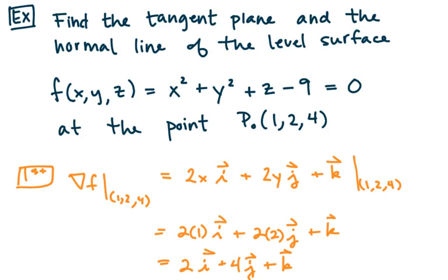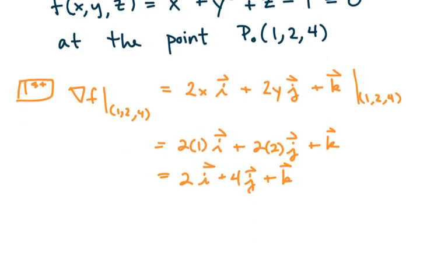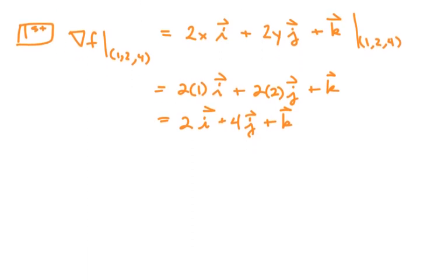All right, so now that we know the gradient at that point, we can use these partials at the point, 2, 4, and 1, to tell me what the tangent plane is. So the second step, we have our tangent plane, and by definition, I'm going to write that out just to reiterate.